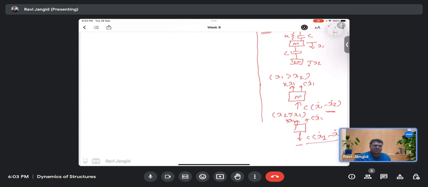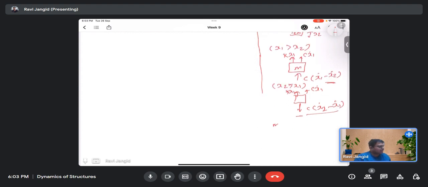So now if you make the equation of motion, I don't think you will have any doubt for mass 2, or block 2, what the forces will be. If you take this one, it would be c times x2 dot minus x1 dot. Or if you take the previous one, that force would be applied like this, and your force would be c times x1 dot minus x2 dot. But whichever you take, that will give you the same answer.